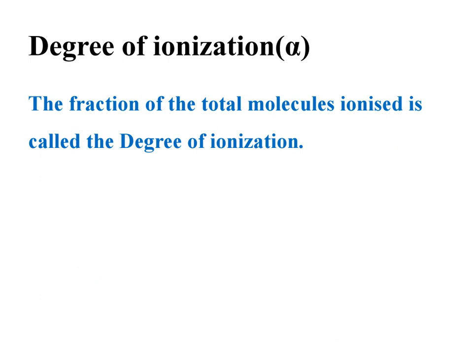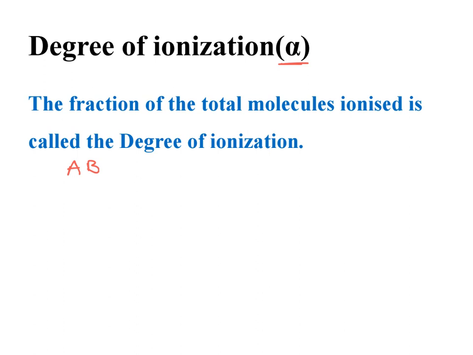Degree of ionization or degree of dissociation, which is usually represented by alpha. It is defined as the fraction of the total molecules ionized. Let's take an electrolyte AB, which is dissolved in water and ionized, forming an ionic equilibrium.